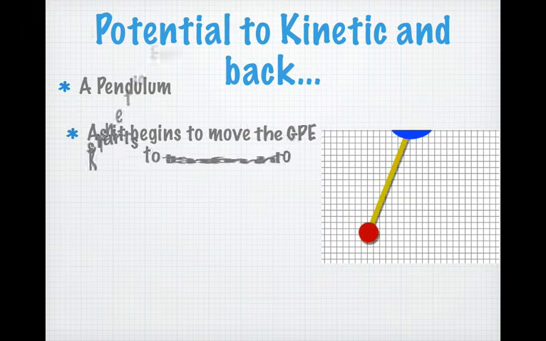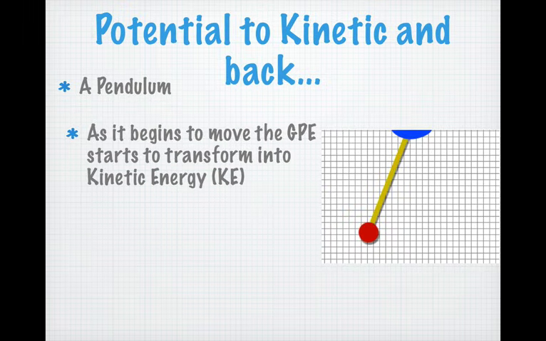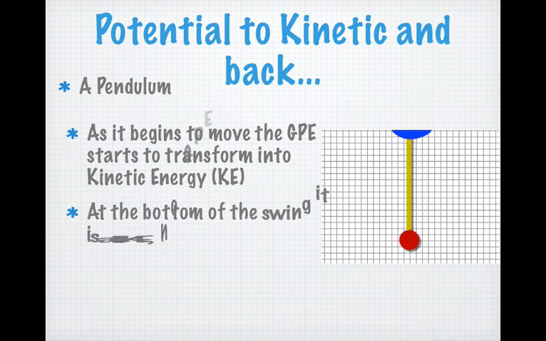As the arm of the pendulum begins to move, that potential energy is now being transformed into kinetic energy. So here we've got both potential and kinetic energy. When it reaches the middle of its swing, or the bottom of the swing, there's no potential energy anymore, and it's all kinetic because that arm is moving.